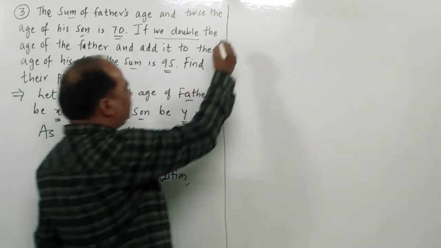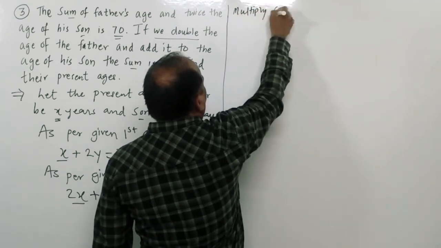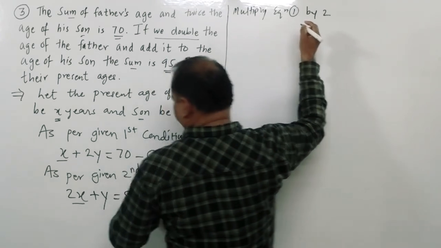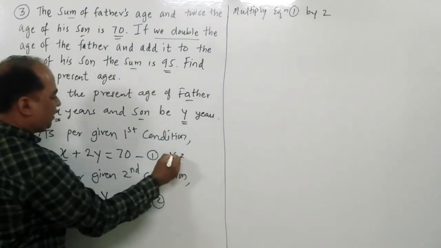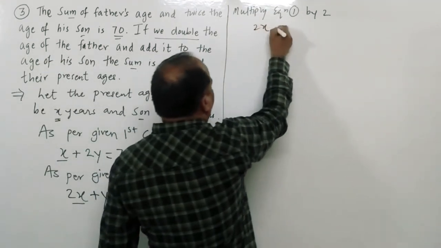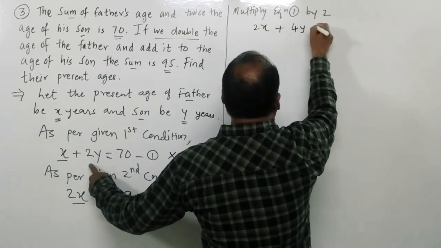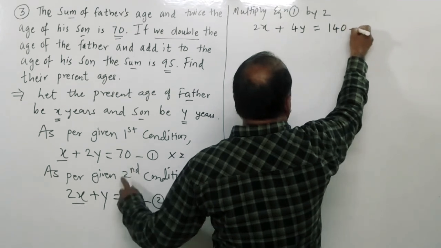So multiply equation 1 by 2. So 2 into x is 2x plus 2 into 2y, that is 4y. 70 into 2 is 140.